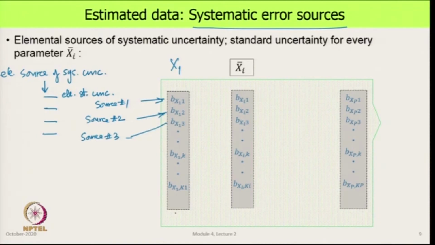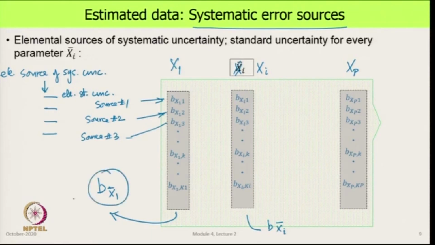And from all this information we can get Bx1 bar, and similarly Bxi bar for the ith variable, and this is for the last variable xp. So, we now have this. From the earlier slide we had Sxi bar, we know the relation, we can get Uxi bar, and from knowing the confidence level we can get the expanded uncertainty in the measurement. That completes our calculation.